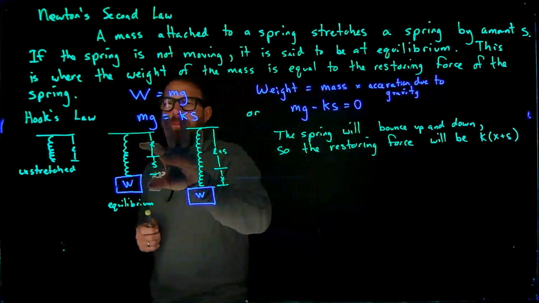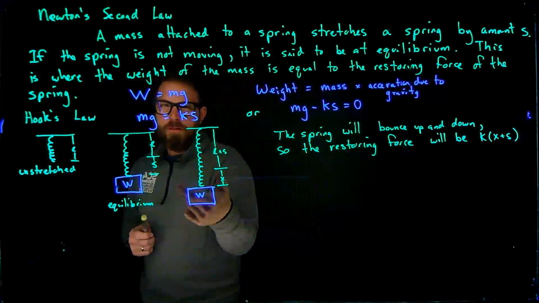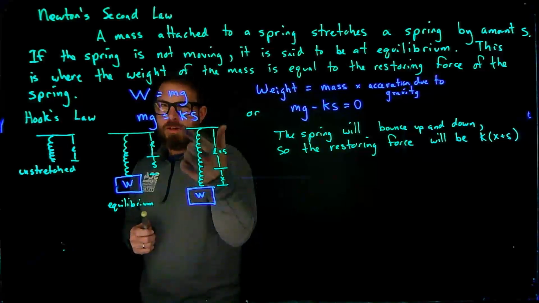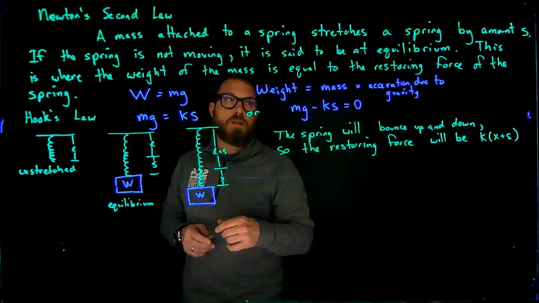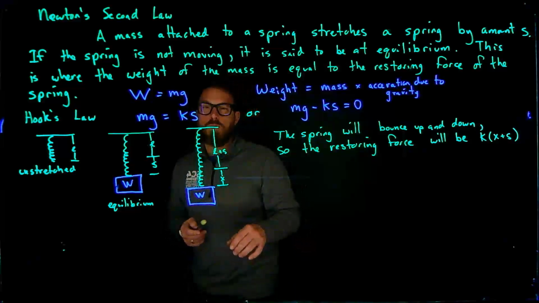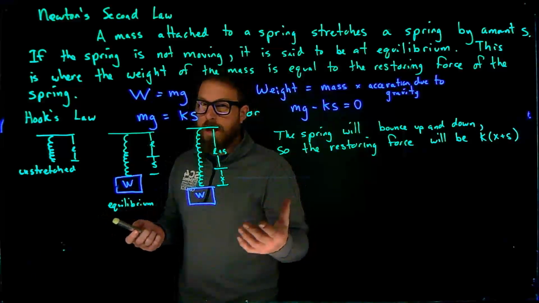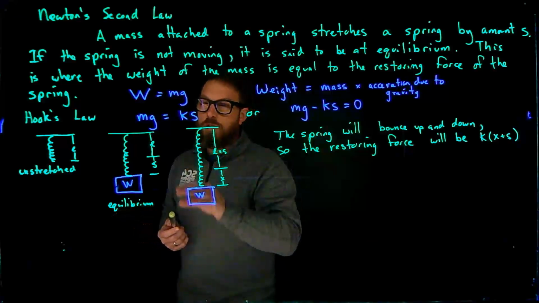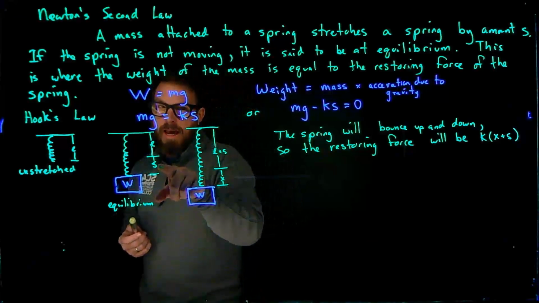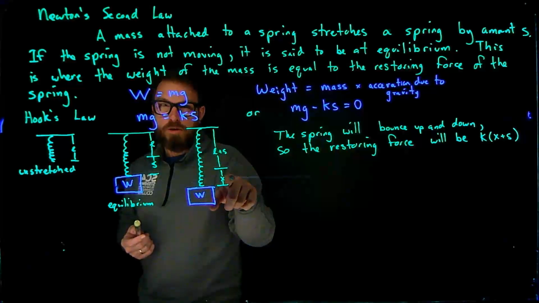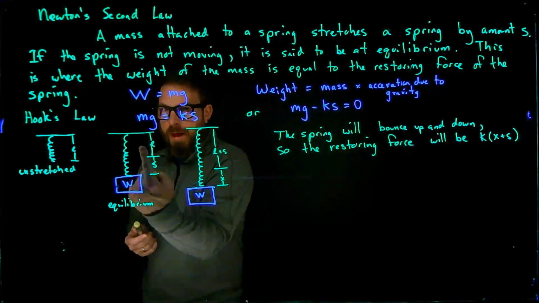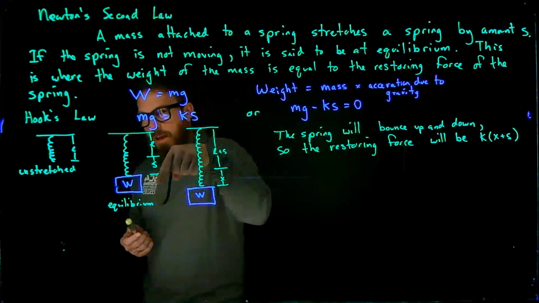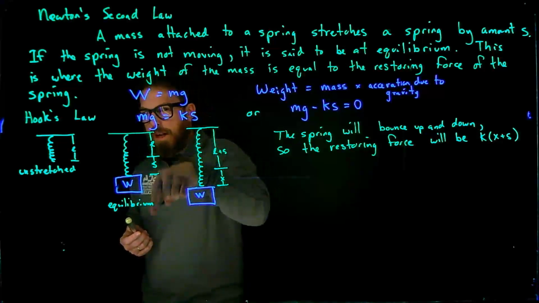Well, at equilibrium, it just sits here and doesn't move. But if you pull it down, this spring is going to pull it back up, proportional to its new stretch, which is equal to this S, and also this extra X that I pulled it down. Remember that right now the spring is already pulling this thing back up at the same time that this mass is putting this weight on it straight down.